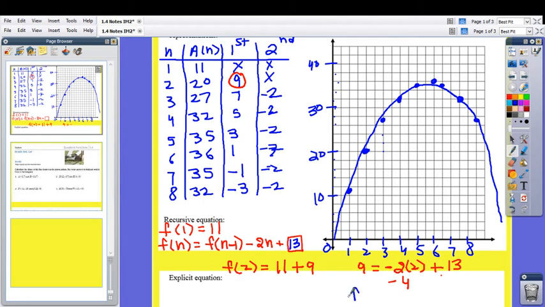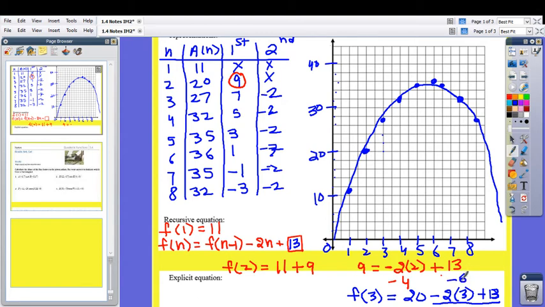If you do f of 3, then f of 2 is 20, and you are adding 7 to that to get 27. So if we take away 2 times 3, because n is 3, plus 13, does this give us 7? So let's check.